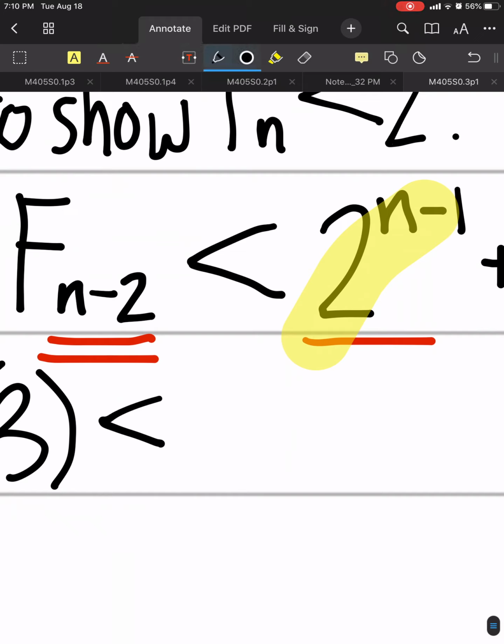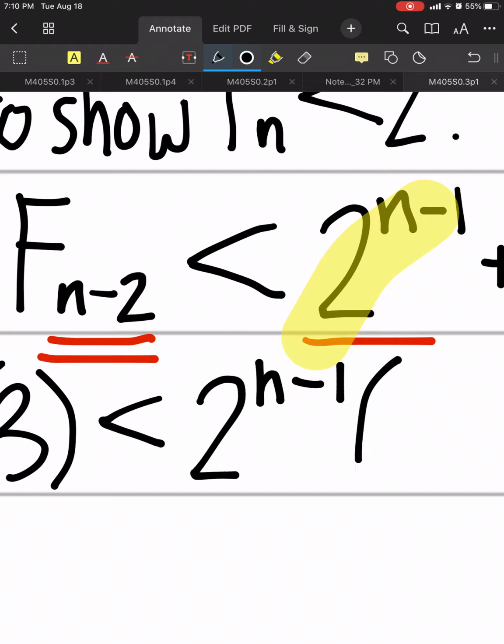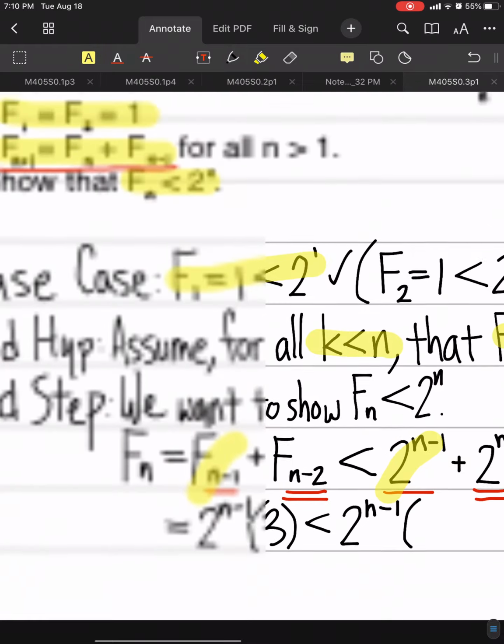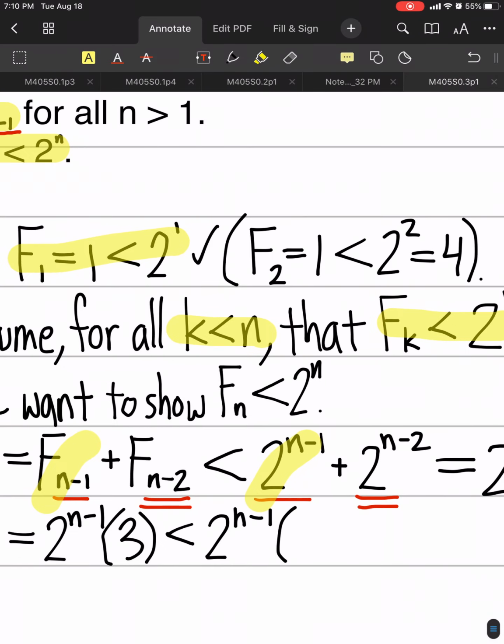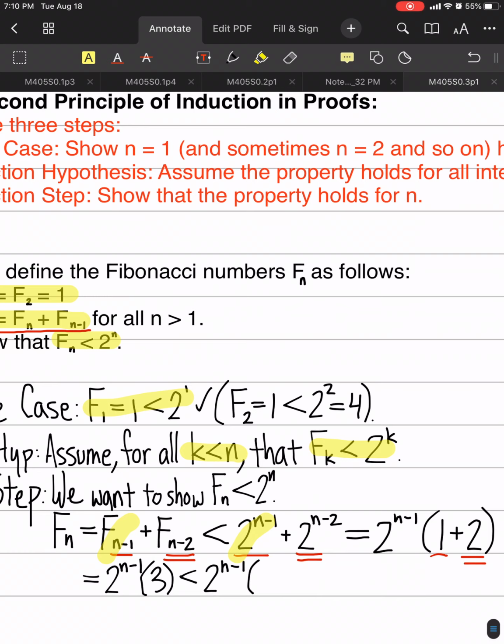All right, so here we've got 2 to the n minus 1 times, hang on, what did I do wrong? There's something wrong here. Oh, I factored wrong.